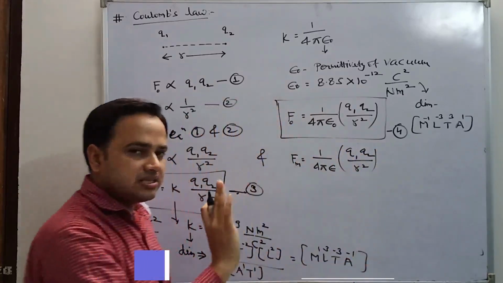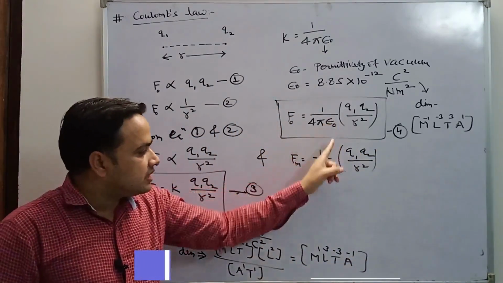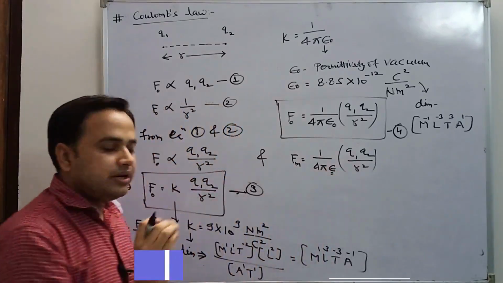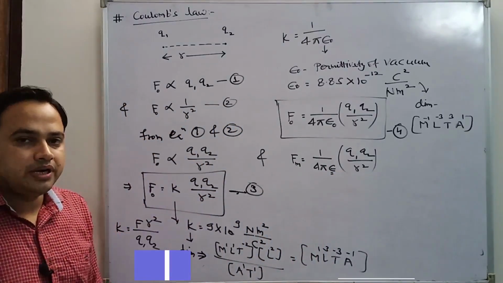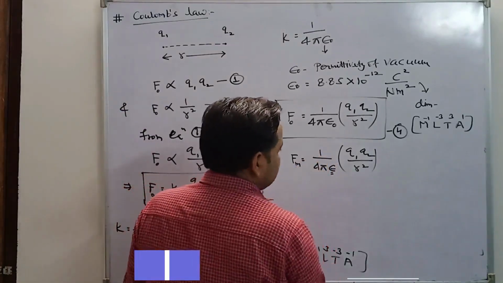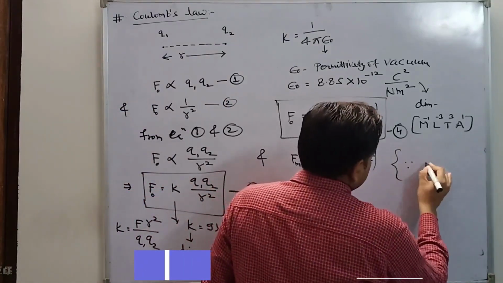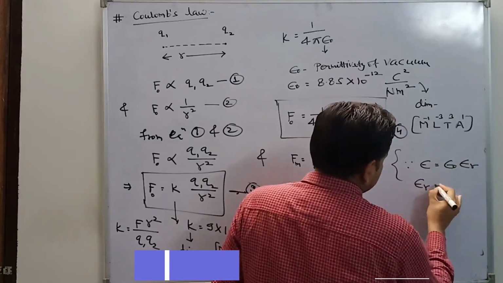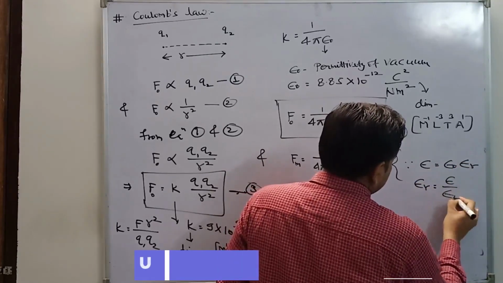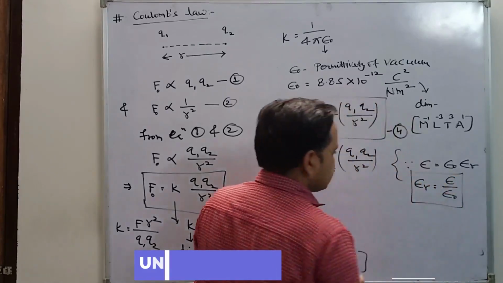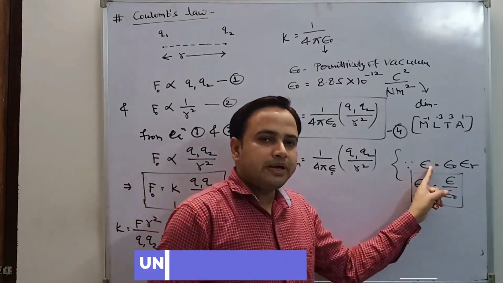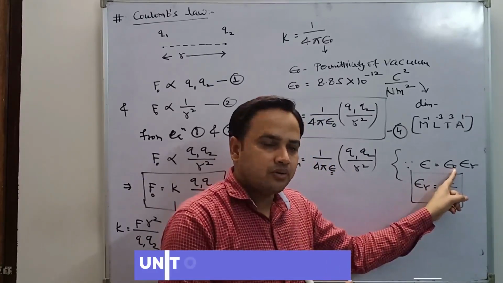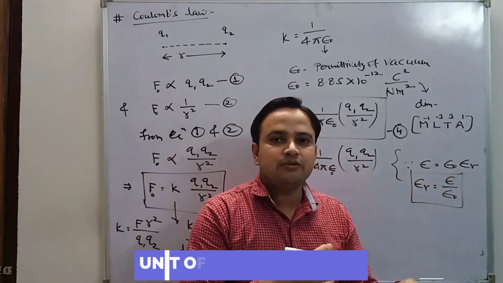Distance is the same, charge is the same, but the medium is there, epsilon. So epsilon is the permittivity of medium. So Fm is this. Now look here, there is a relation: epsilon equals epsilon naught epsilon r, with epsilon r equal to epsilon upon epsilon naught. Epsilon is the permittivity of medium, epsilon naught is the permittivity of vacuum, epsilon r is the relative permittivity.